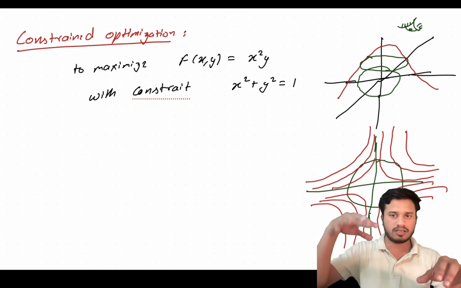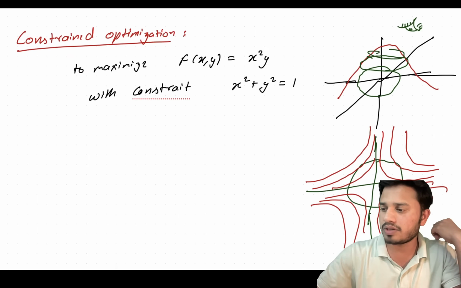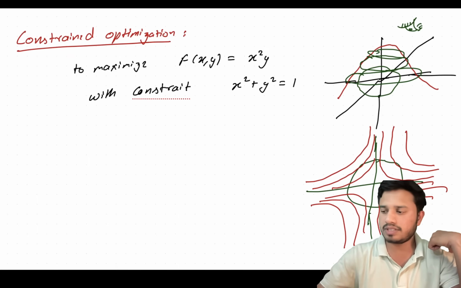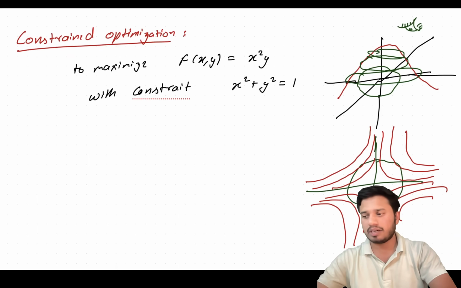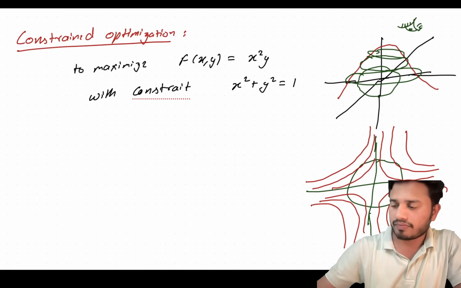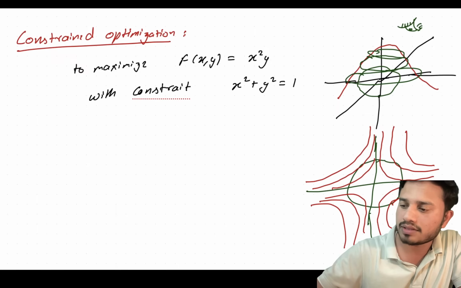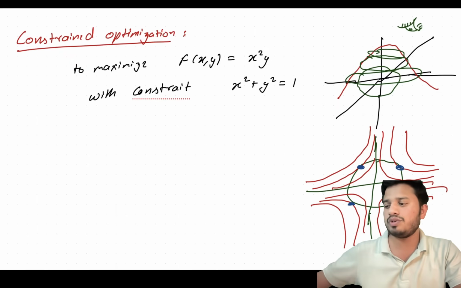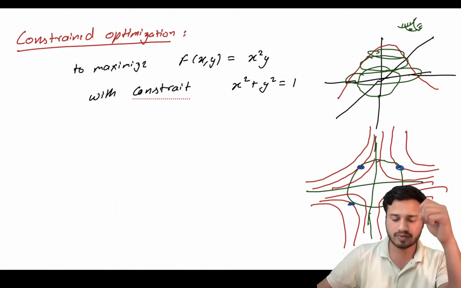So there will be many contour lines on it. One contour here and one contour here, when you look from above. What I am trying to tell you is to just focus on these points. They're just touching the constraint equation and these lines.